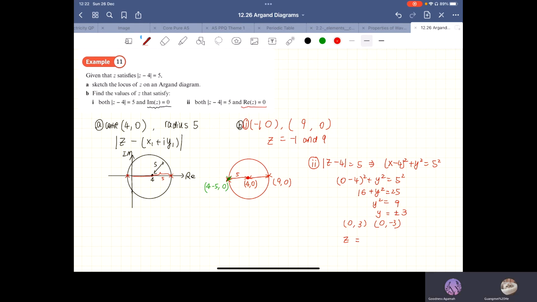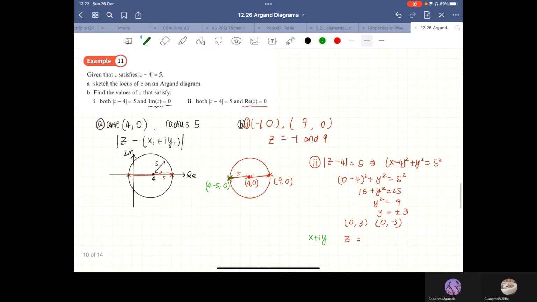Z is -1 and 9. No, not quite in this form. X plus iy. We know x and we know the y. We're plugging it in. That is a complex number.